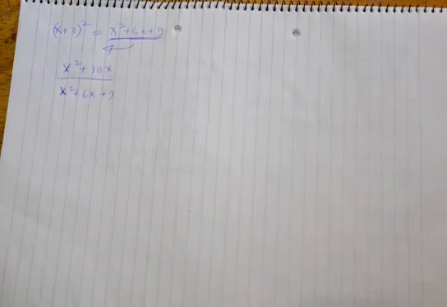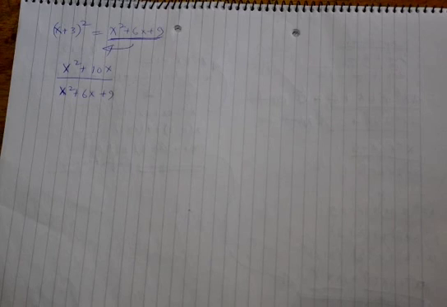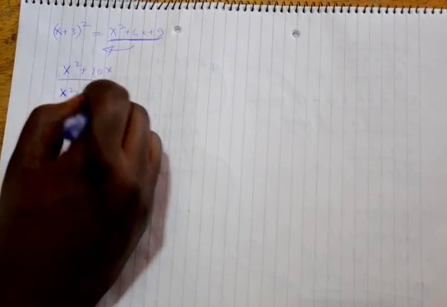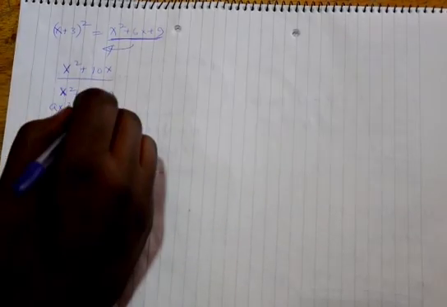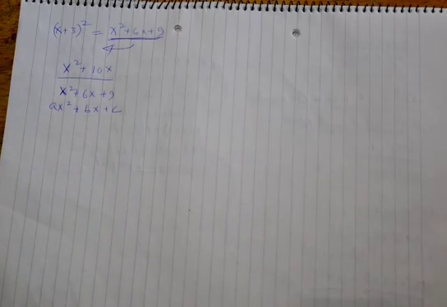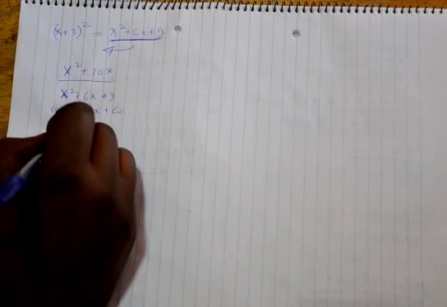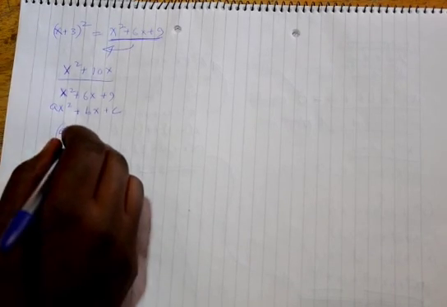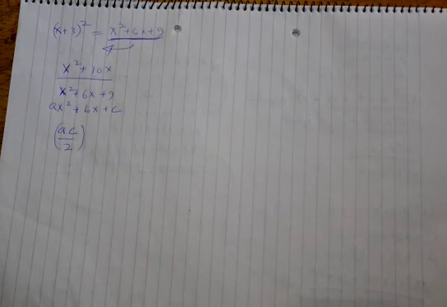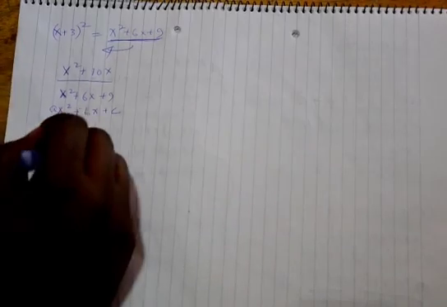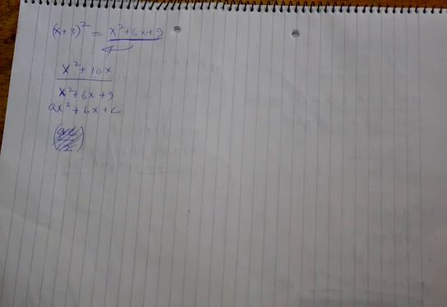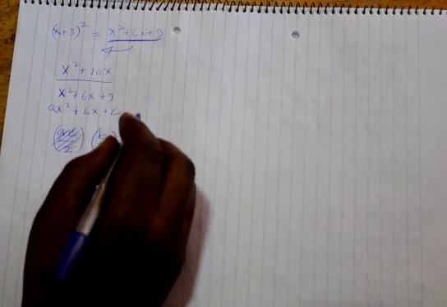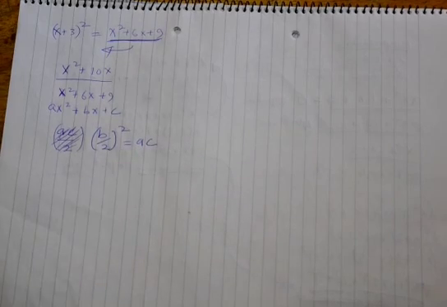We want to make that one a perfect square. So we said that if we write this in the format ax squared plus bx plus c, then b over 2 squared is equal to ac.